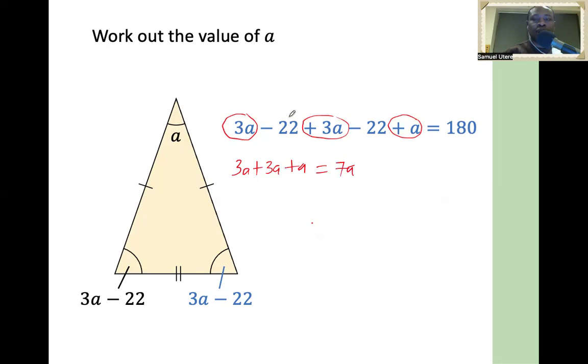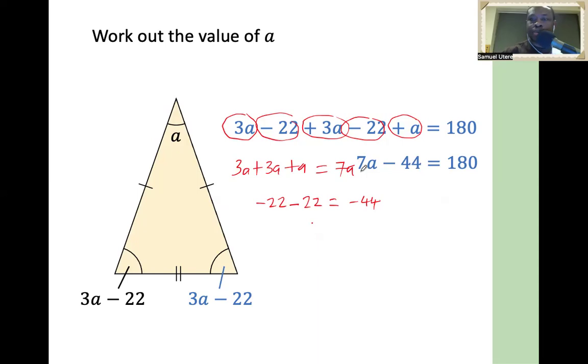If we were to collect the numbers, we have negative 22 subtract 22. So when we finish, you would see that the expression would simplify to 7A subtract 44 equal to 180 degrees.